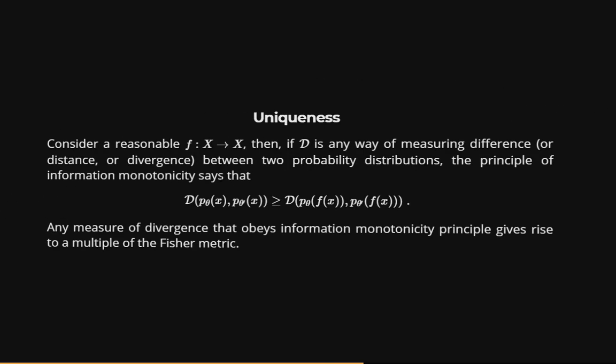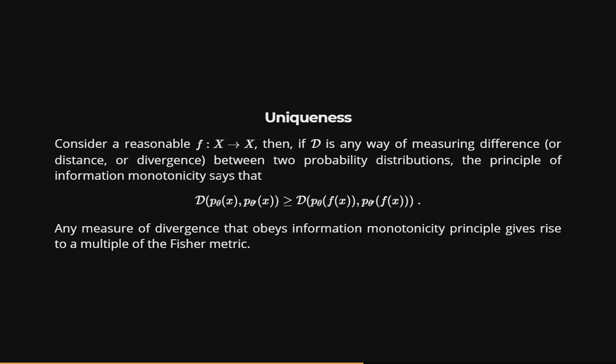Now, any measure of divergence that obeys the information monotonicity principle gives rise to a multiple of the Fisher metric as a Hessian. So it has to be vanishing first order, and the second order has to be the Fisher metric. So in a way, every reasonable way to measure the difference, the distance between two probability distributions gives you the Fisher metric.